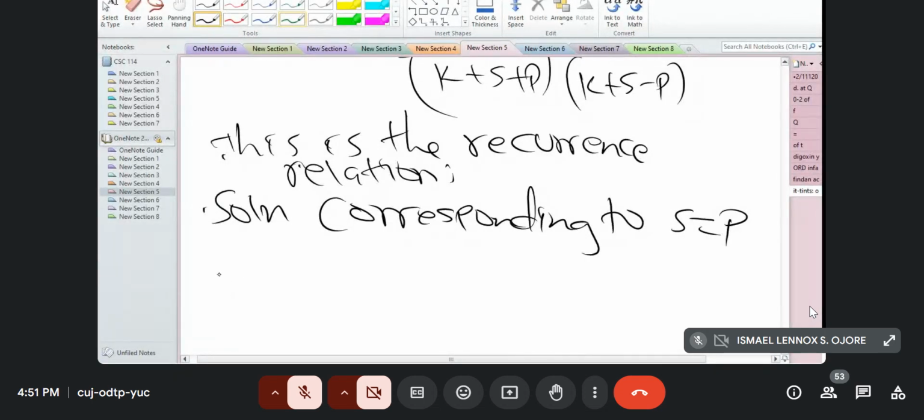Go back to your recurrence relation. It's given by A sub k equals minus A sub k minus 2 divided by k plus s plus p, k plus s minus p. In place of s, substitute with p.